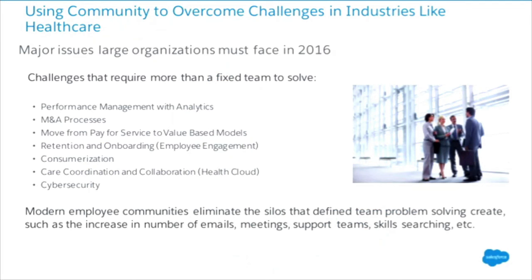We're also seeing this become more and more strategic. It used to be about more team-based, project-based collaboration at a tactical level, but community can really overcome strategic challenges in important industries like healthcare. We see that large organizations are facing major issues in 2016 that community can really help with in many important ways, and I track in my practice companies that are using community to tackle these problems.